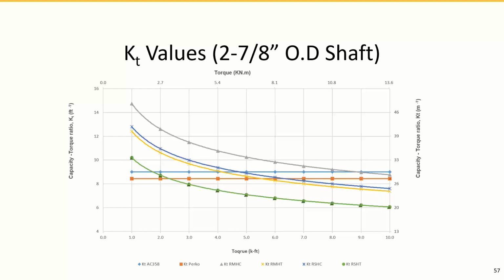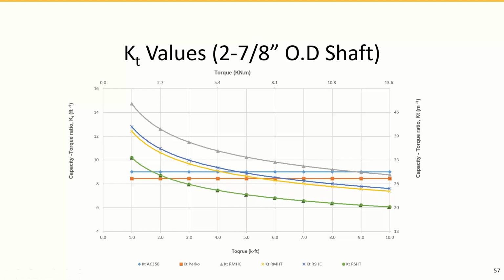Now, if we really decouple and see this one here, that's round multi-helix compression. You see how high it is? And this one here, the blue one, the second one, that's round single helix compression. The third one is round multi-helix tension. And this one is round single helix tension.